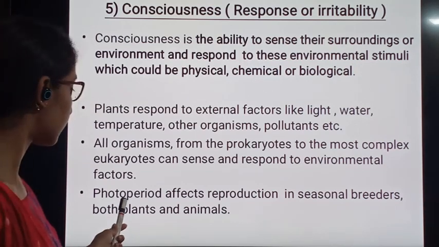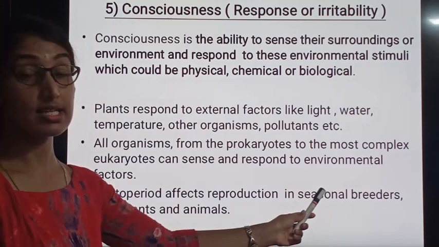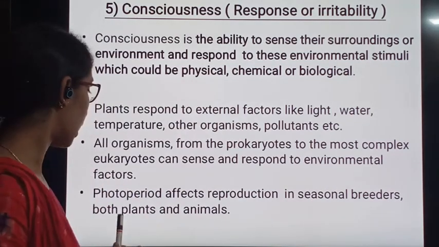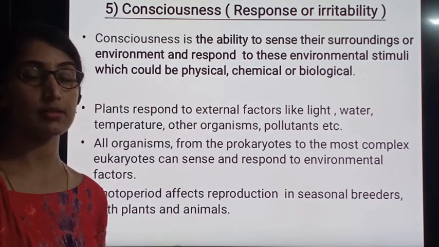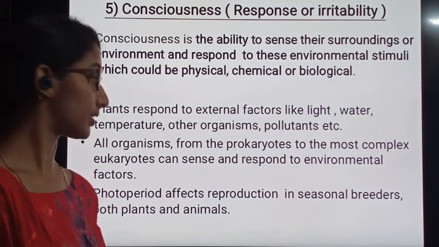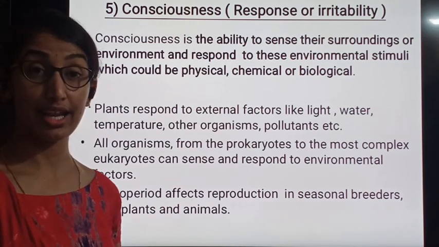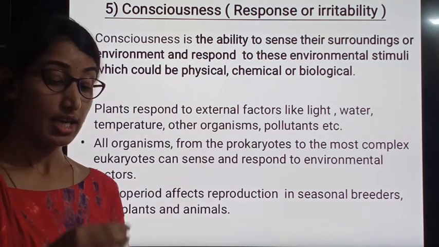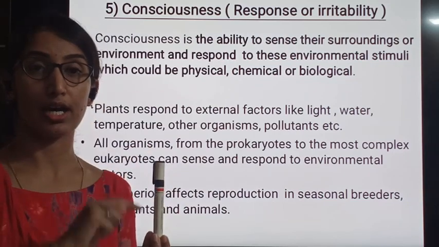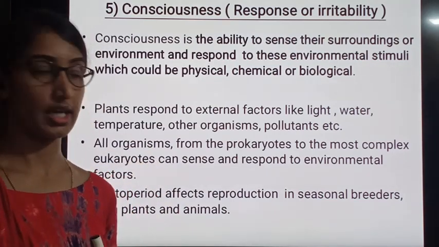Example 1 here is photoperiod effects on reproduction in seasonal breeders, both plant seasonal breeders and animal seasonal breeders. Photo is nothing but light. The duration of light affects many plants or animals during their reproduction time.